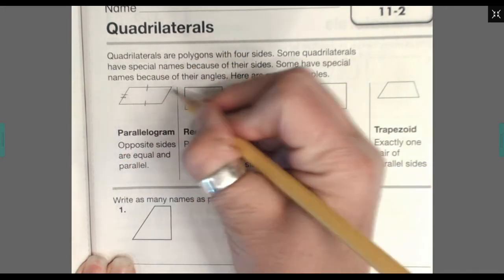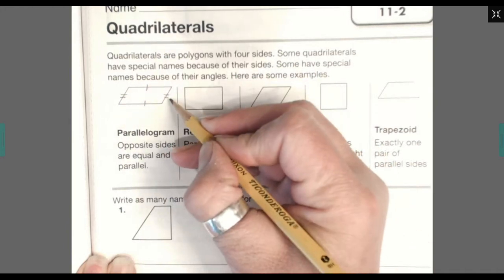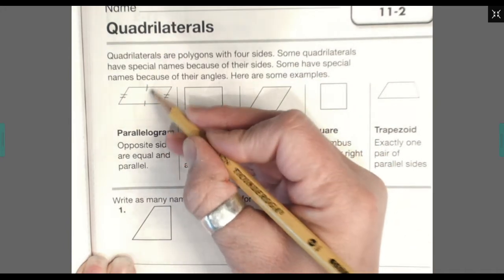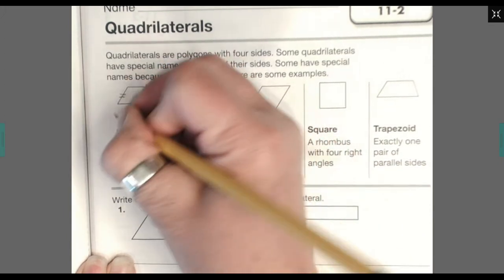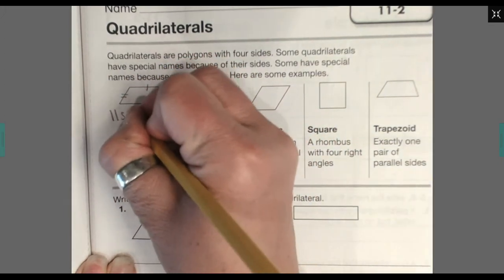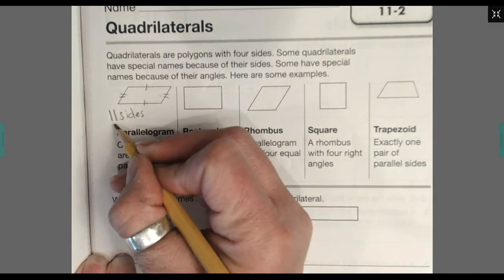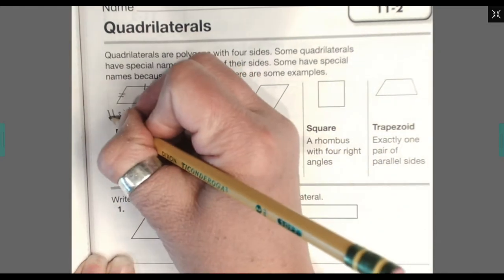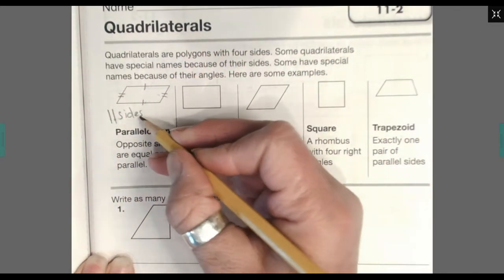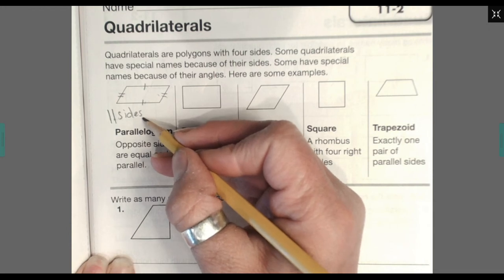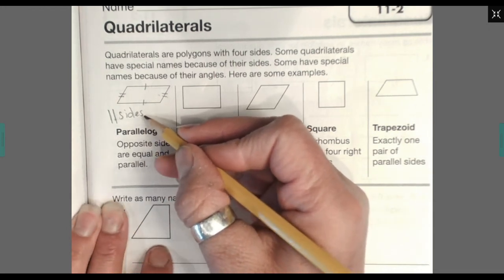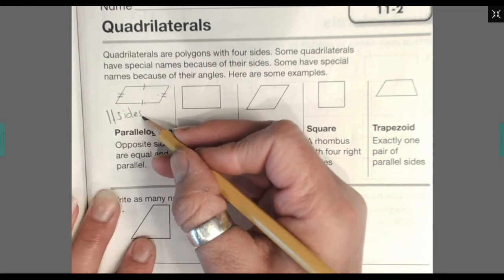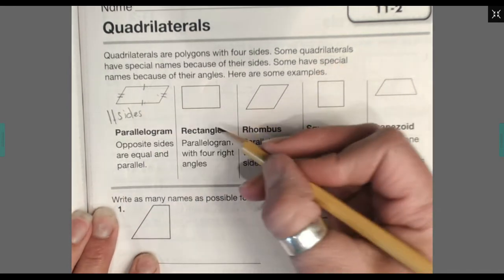This side and this side are equal to each other. You'll also notice that it has 2 sets of parallel sides. This is the symbol for parallel sides. Yes, it looks like 11, but it's not. Parallel sides are parallel lines that never intersect.